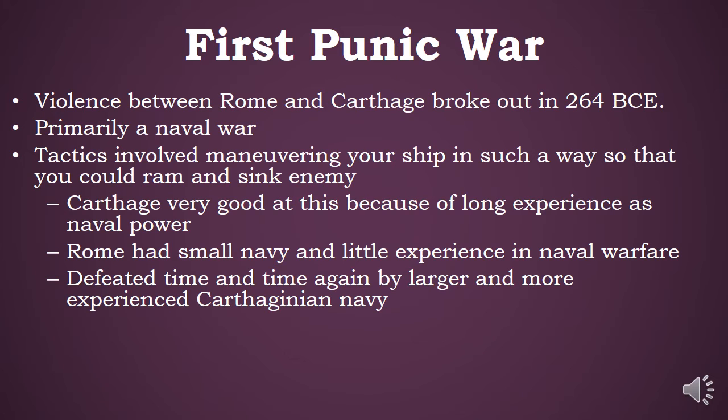So very much like the Peloponnesian Wars, where there is no real advantage here, the difference is that very early on, Carthage is going to be the dominant force in this first series of wars because of their stronger naval background. And so Rome is going to have a very hard time getting any type of victory, getting any type of upper hand.